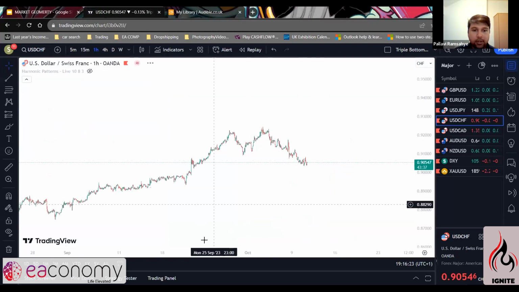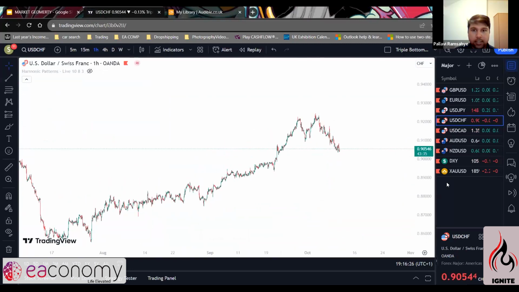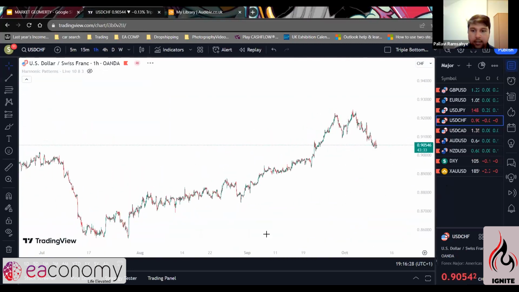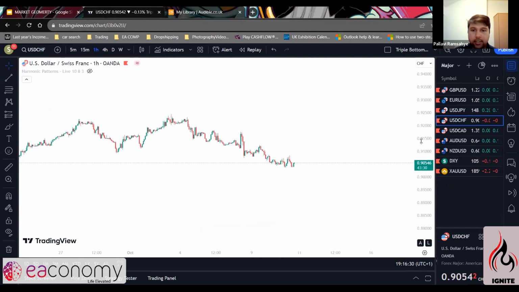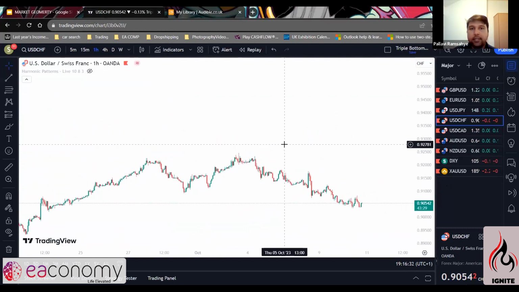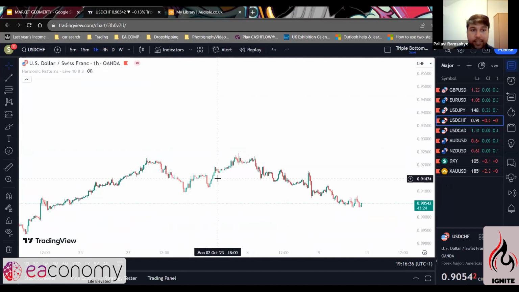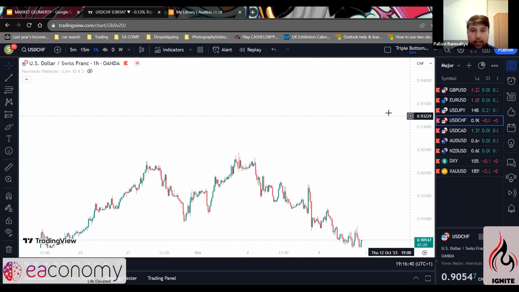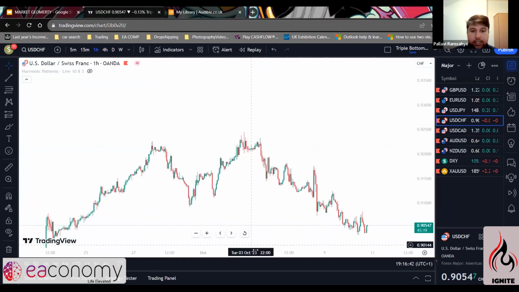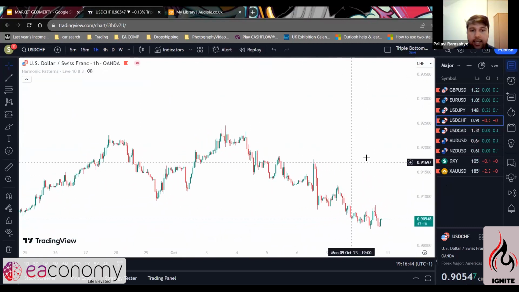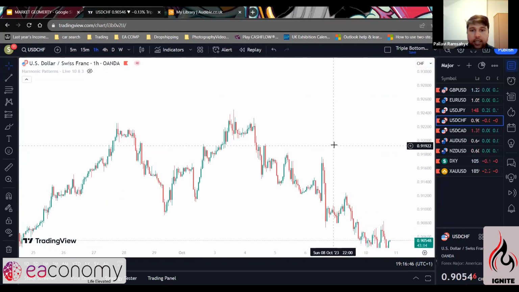So let's have a look. With this pattern, so with any pattern, you can find these on any time frame. So let's have a look at this. This is a good example. Again, I don't look for these patterns.